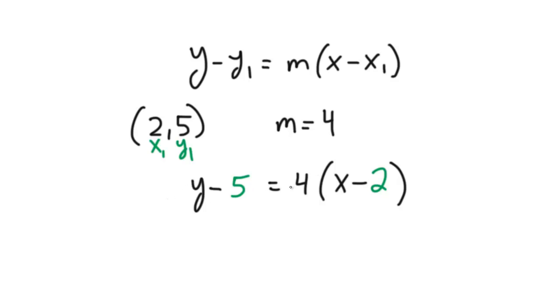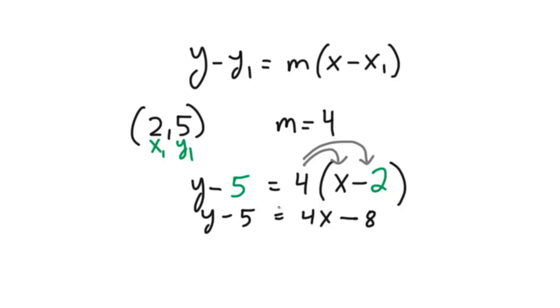And now you have the equation written out in point-slope form. Now, if you're not satisfied with the point-slope form, you can also make this into the slope-intercept form. All you have to do there is distribute the 4 with the x and the 4 with the negative 2. When you do that, the right hand side will become 4x, because 4 times x is 4x, and then 4 times negative 2 is negative 8. And you have the y minus 5 here.